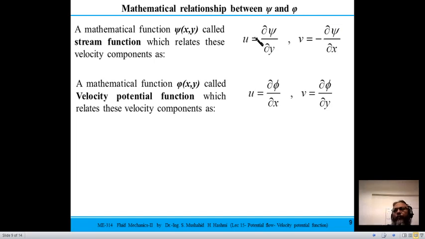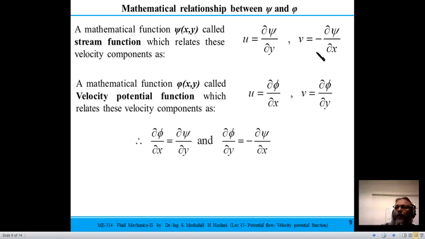So if this u is the same, this thing is the same as this thing, and if v is the same, this thing is the same as this thing, so we end up with this mathematical relationship. If you know one of them, like the stream function, you can work out the velocity potential function, and vice versa.